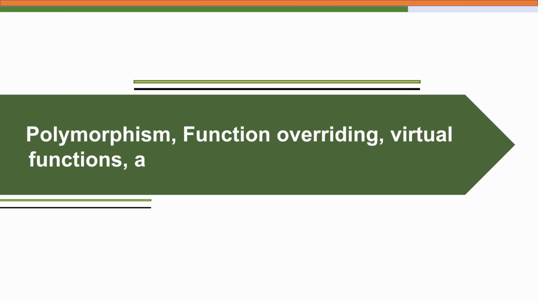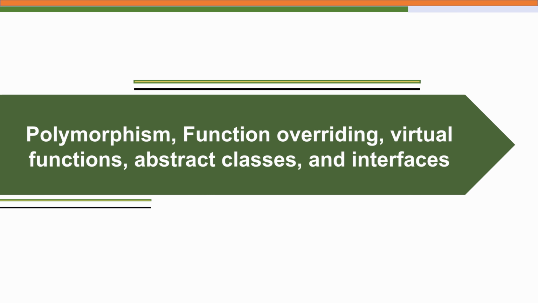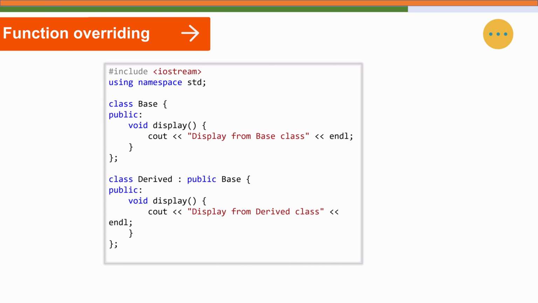Now let's look into polymorphism and related concepts like function overriding, virtual functions, abstract classes, and interfaces. In object-oriented programming, one of the most powerful concepts is function overriding. It allows a derived class to provide its own implementation of a function that already exists in the base class.